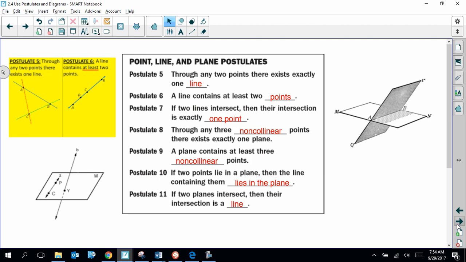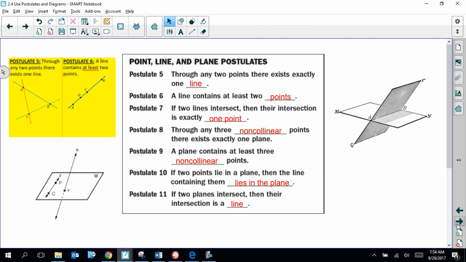It's not necessarily an official thing. So the numbers you see here, postulate 5, postulate 6, and so on, are by no means official names for anything. If you look up postulate 5 on the internet, it may come back with what we see here, or something completely different.